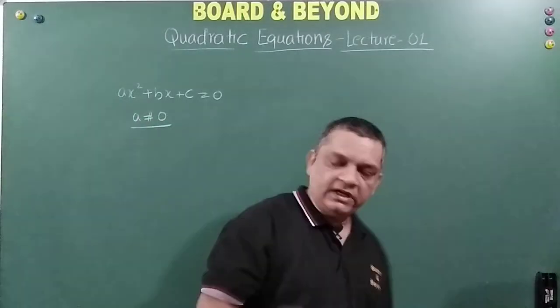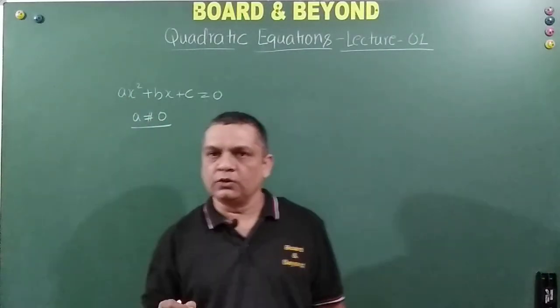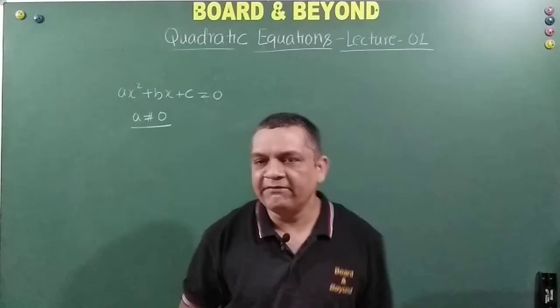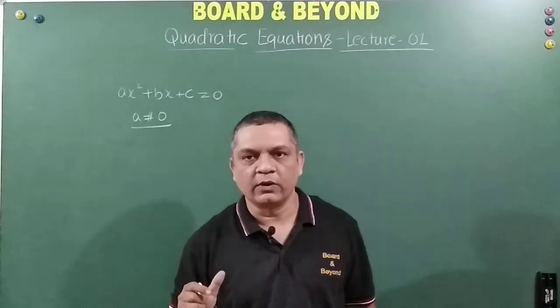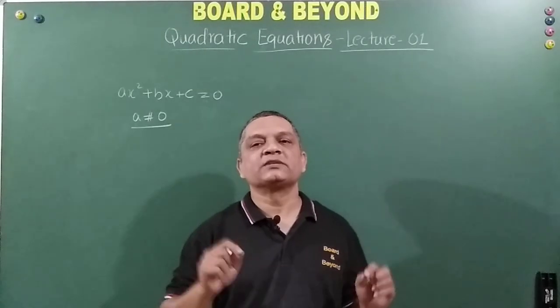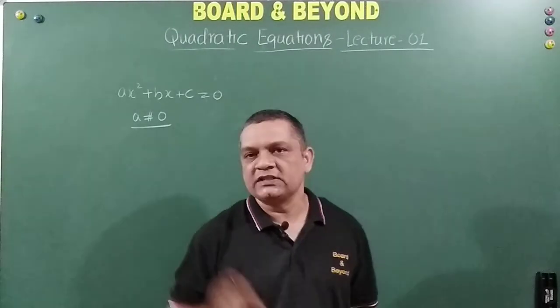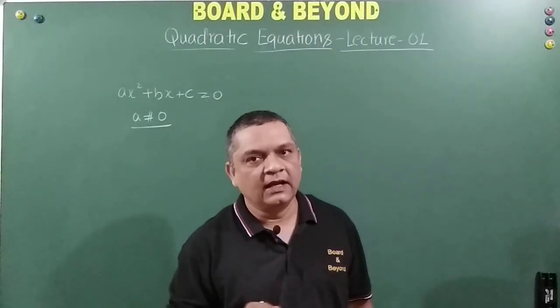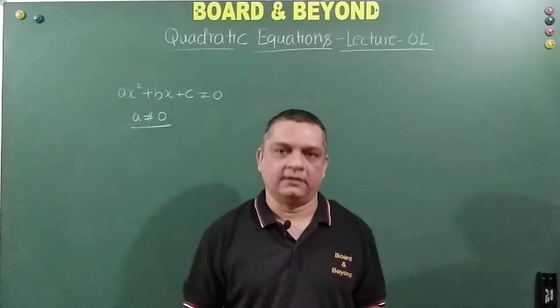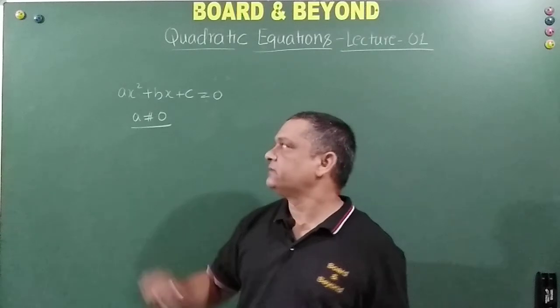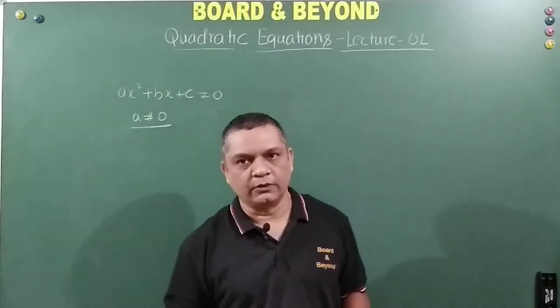Because the moment we say a is equal to 0, your first term will vanish, and you will be left with bx plus c. That doesn't remain quadratic anymore. It becomes a linear equation. That is why a should not be equal to 0.